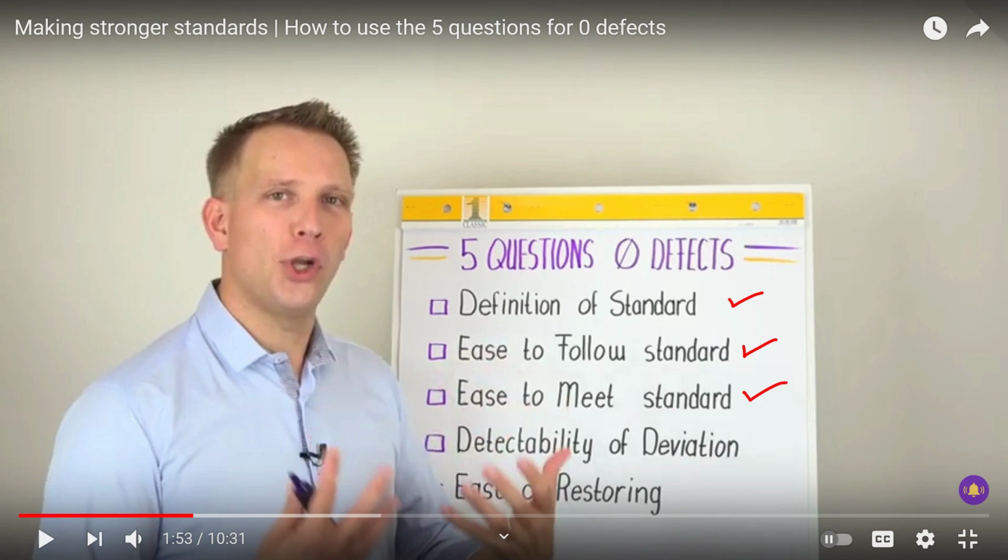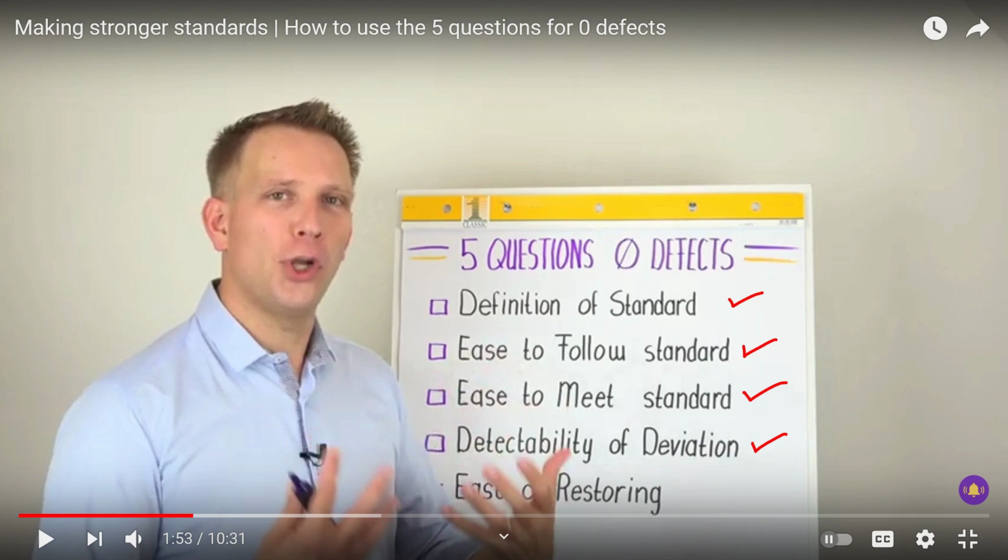Sometimes we ask what looks like a very simple request, but when you actually try to apply the standard yourself, for whatever reason, maybe the equipment lets you down, or maybe you don't have the measurement system available, or whatever it happens to be, or you don't have the time, maybe. Is it easy to meet the standard?